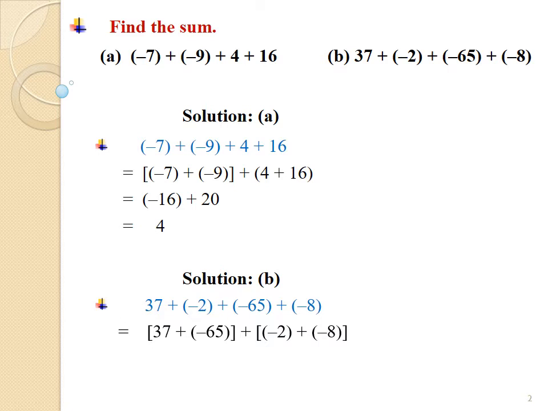Thus subtracting 37 from 65 as a whole number by ignoring the sign, we get 28. Now let us place minus sign before 28 as 65 is the bigger number which has minus sign.